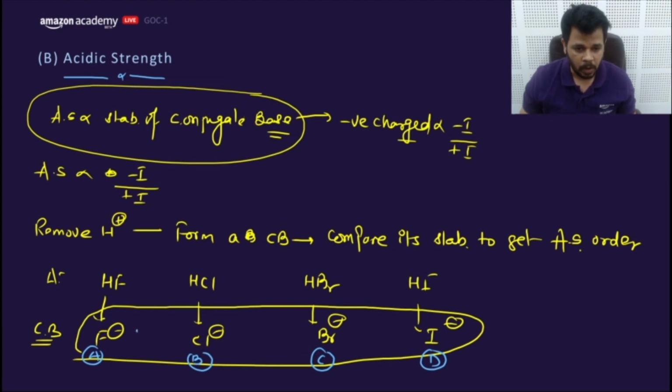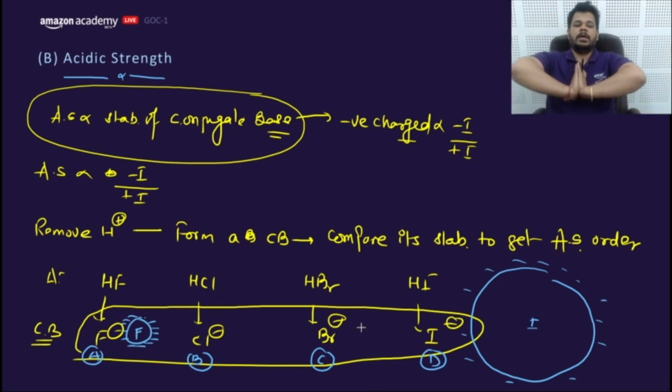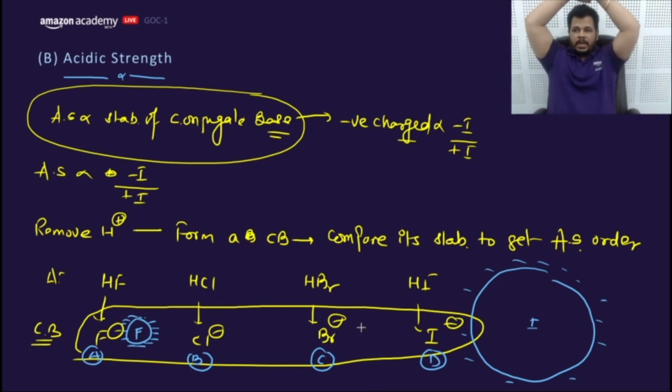F is very small, so the negative charge is very concentrated, whereas I is very large in size, so the negative charge gets distributed over this large surface of iodine. So charge will be felt less in iodine than in fluorine.